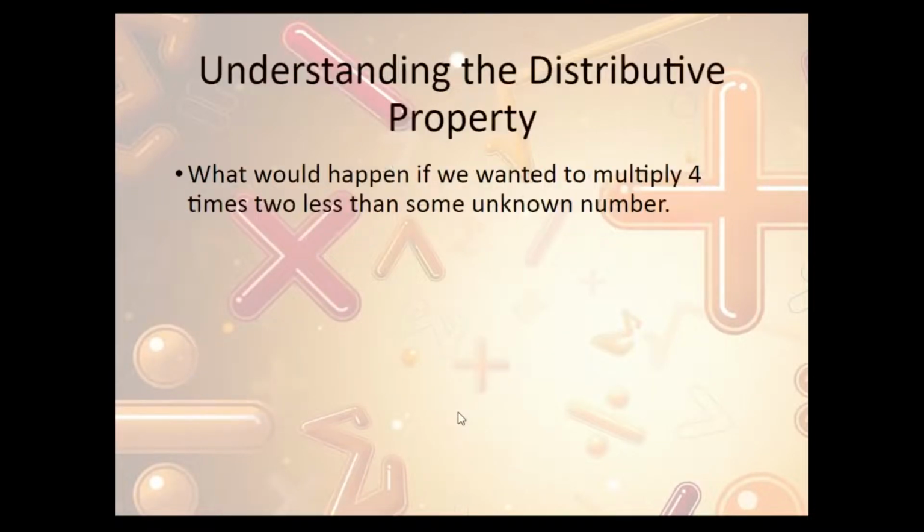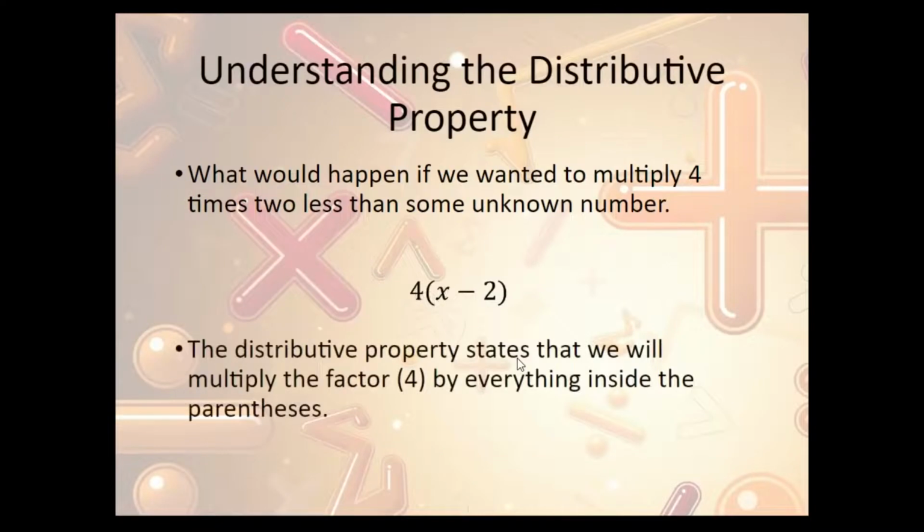So distributive property. So it says, what would happen if we wanted to multiply 4 times 2 less than some unknown number? So instead of just being 4 times x, we want it to be 4 times some grouping of a number. So in this case, x minus 2. So we write it just like this, 4 times x minus 2. The distributive property states that we will multiply 4, so the number outside, by everything that's inside the parentheses.